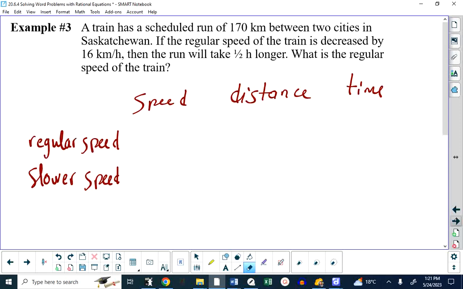You have 3 columns to fill in, and the first column is always filled in the same way. Sometimes it will be the speed column, sometimes it will be the distance column, sometimes it will be the time column. It's filled in because you know the values. Someplace in this question, you're told the speeds or the distances or the times. They're not unknown. And it says it's 170 kilometers.